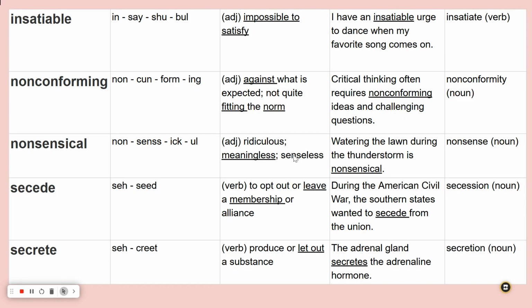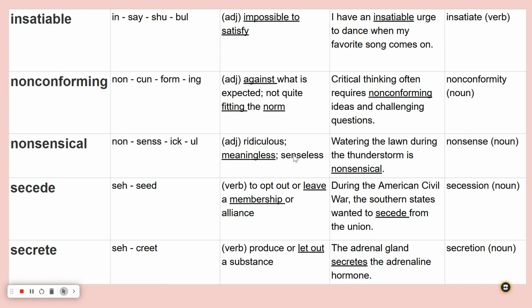Next, we have non-conforming, bringing it to a new prefix, non. Non-conforming, against what is expected, not quite fitting the norm. So to conform is like to fit in or to assimilate or to kind of be a standard. Non-conforming would be against that.